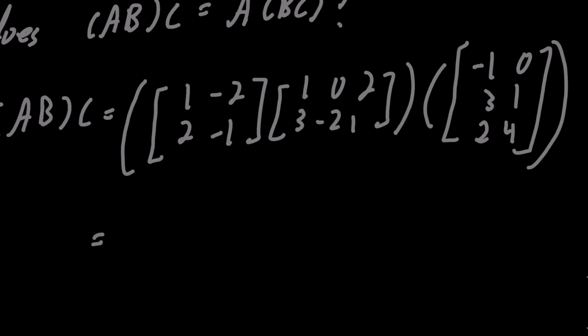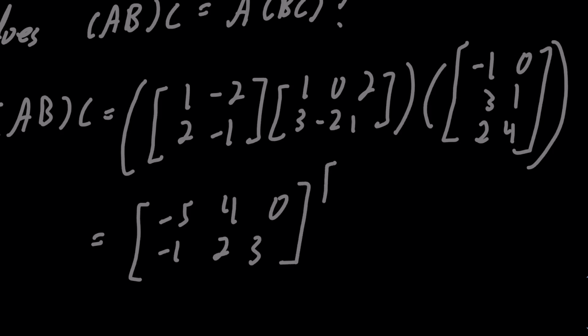We're going to multiply two matrices within parentheses as ruled by PEMDAS. Always remember to multiply each row by each column. And when you do that, you get a matrix product of negative 5, 4, 0 in the first row, negative 1, 2, 3 in the second row. And the C matrix will stay as is for now.